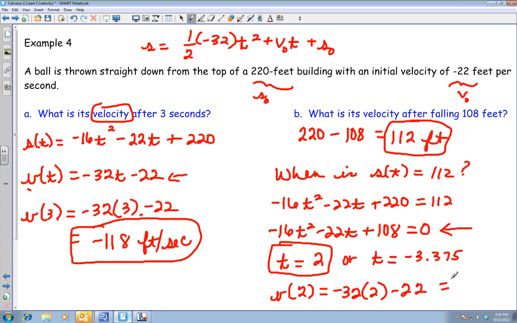When I simplify that, I get negative 86 feet per second. So after falling 108 feet, which took 2 seconds, it's falling at a negative 86 feet per second.